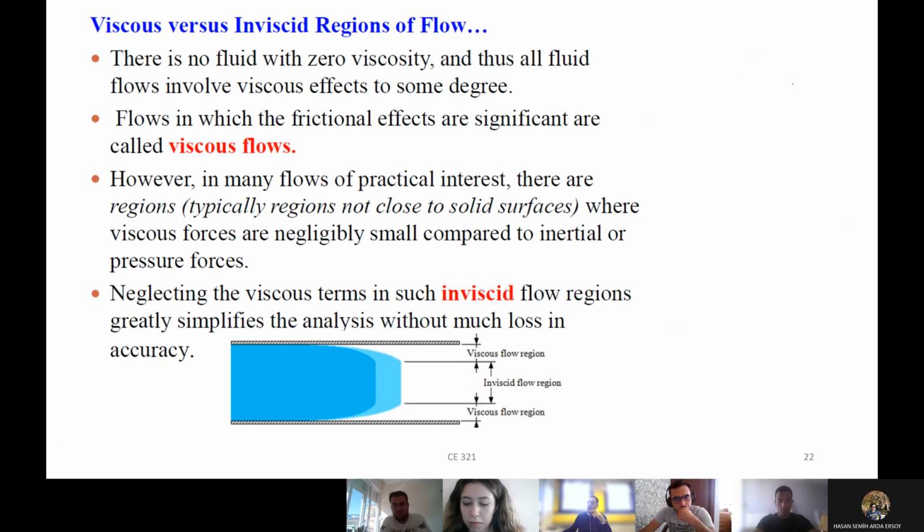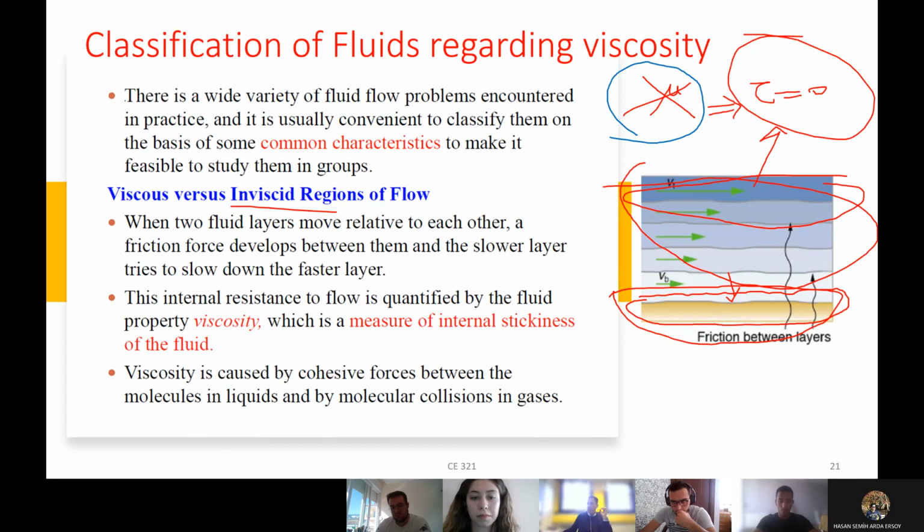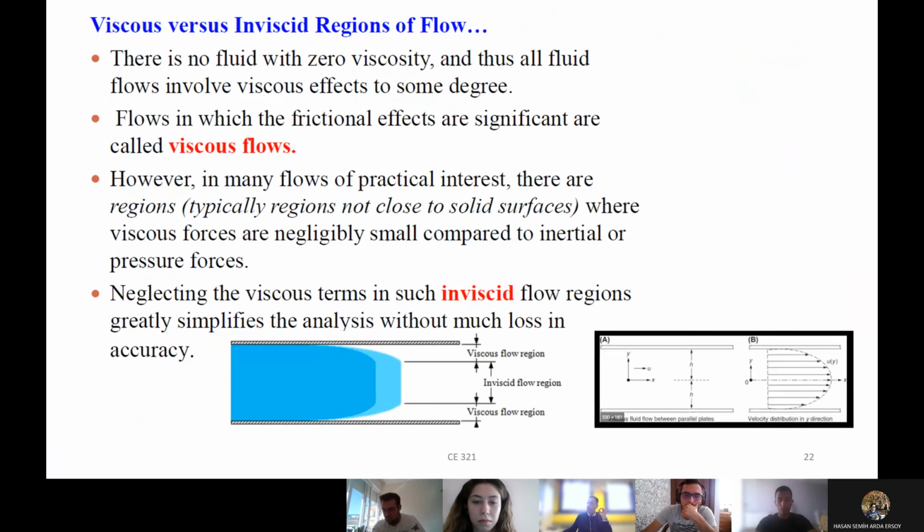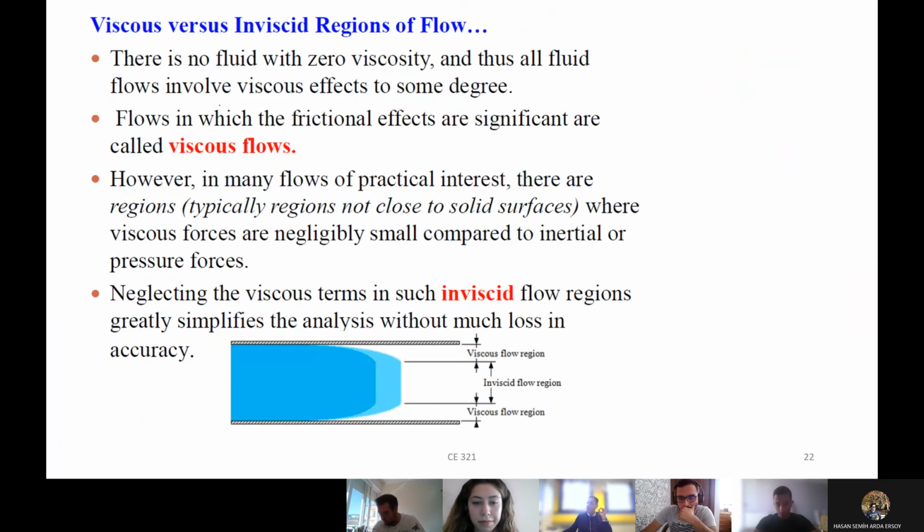Thus, all fluids involve viscous effect to some degree. But as I told, we can ignore it where the effect is low. Here you can ignore it, but here you can't ignore it.